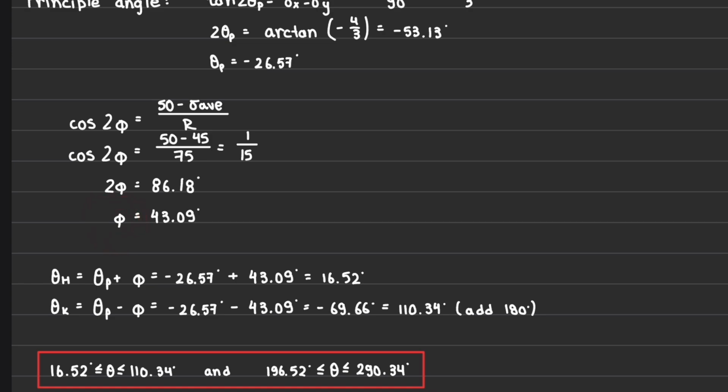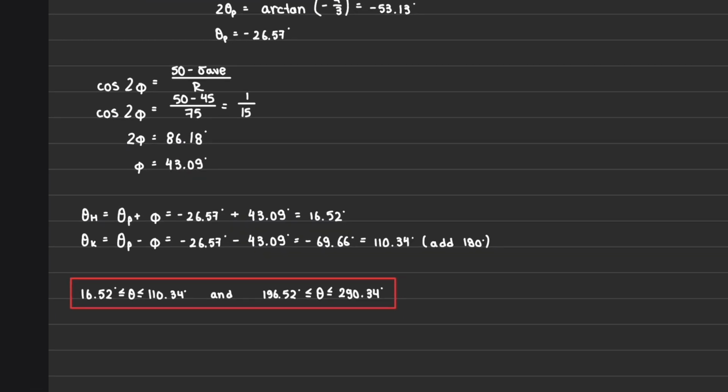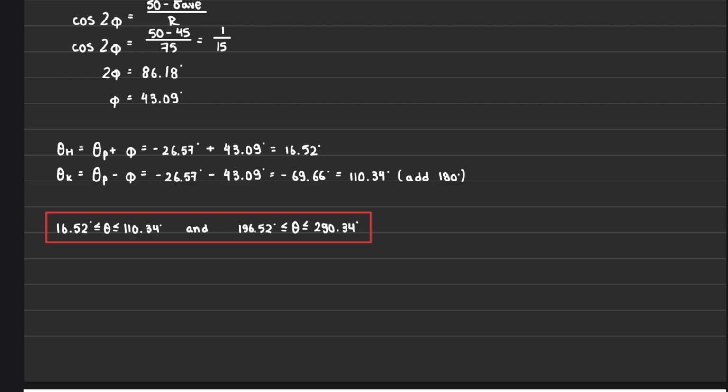This tells us exactly how far we can safely rotate away from our maximum peak before the stress drops to our 50 megapascal limit. So we use this equation over here. We plug in our knowns that we just calculated, and we end up with phi equal to 43.09 degrees.